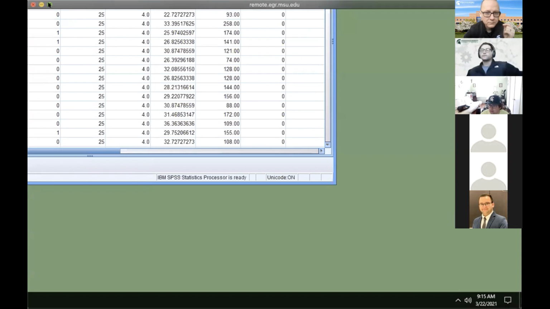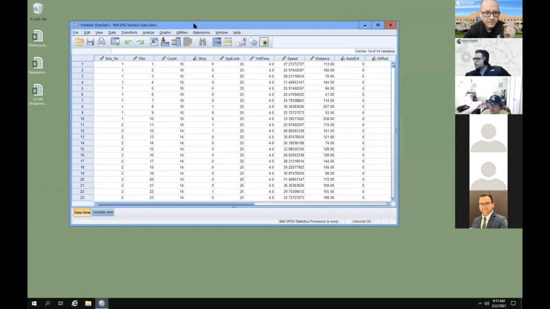And now I'll pull it back in to remote desktop. Okay, and so I've got the data set here.